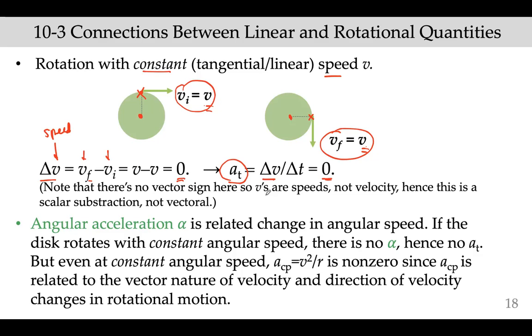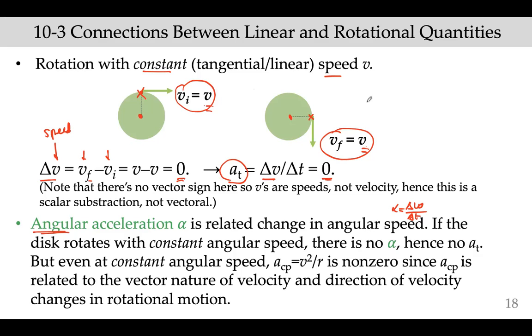So angular acceleration alpha is related to change in angular speed. When we talk about Greek letters, they are angular. For angular stuff, we use Greek letters. So alpha equals delta omega divided by delta t. If the disk rotates with constant angular speed, there's no alpha.